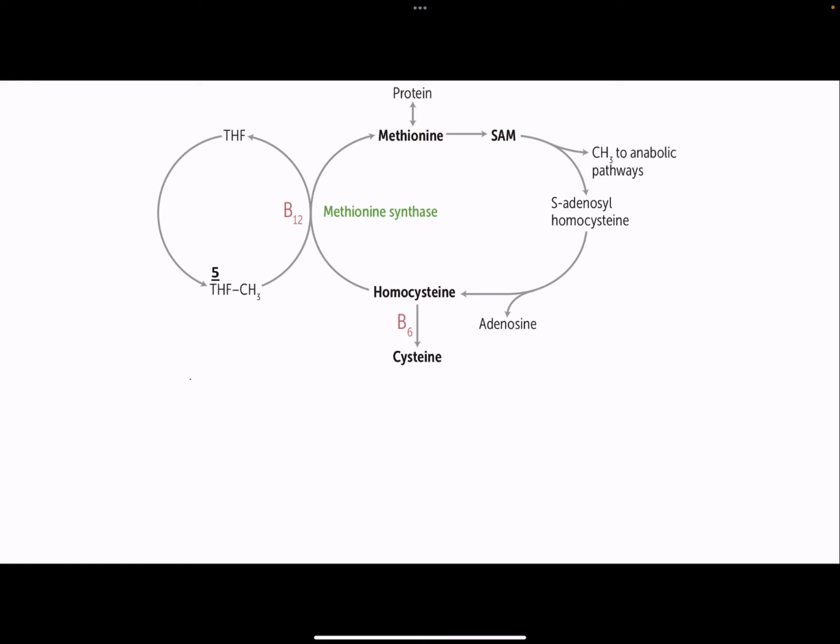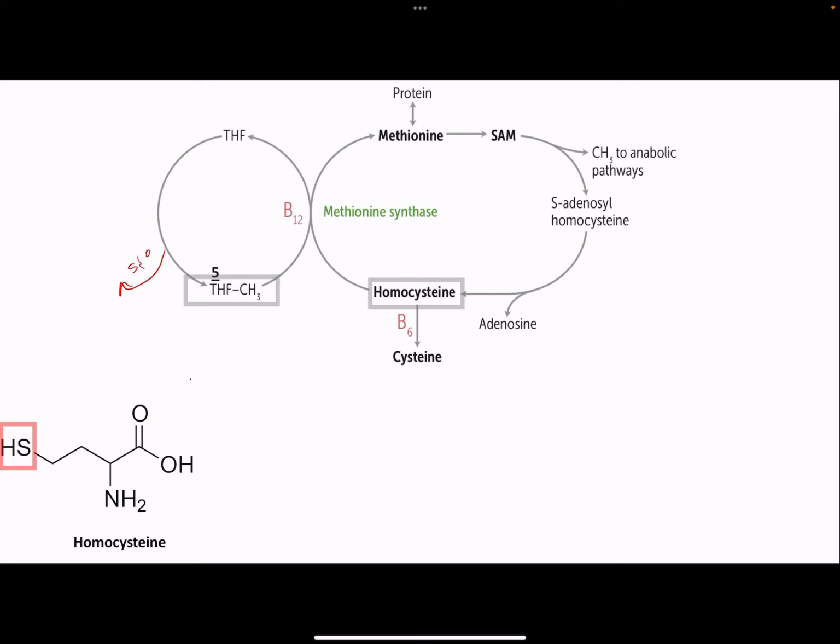And that's tricky, so let's go through it again, step by step. Here's homocysteine. This is what it looks like. Notice it looks a lot like methionine, if you memorize what methionine looks like, except that there's a methyl group missing. And if you don't remember, we're going to see it in a second. So here's our homocysteine. Here's our 5. Remember, where did the 5,10 go? 5,10 went over to the uracil to thymine.